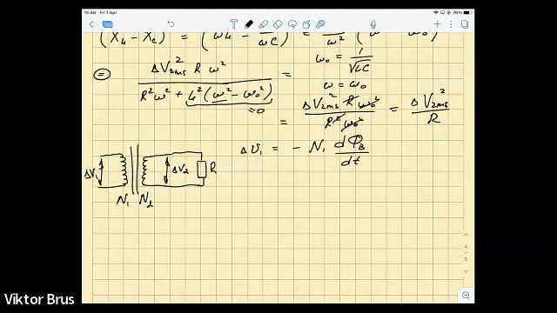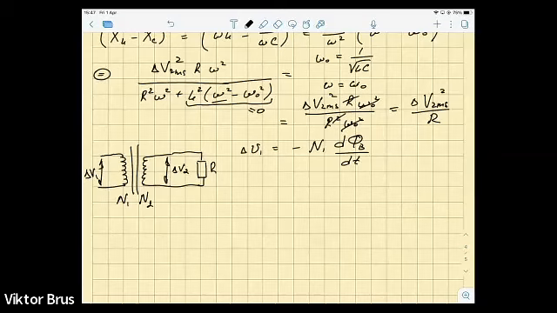The magnetic field flux is the same for both coils because they are formed around the same ferromagnetic core. It is designed to keep these magnetic field lines inside the coils, and that's why the magnetic field flux should be the same.